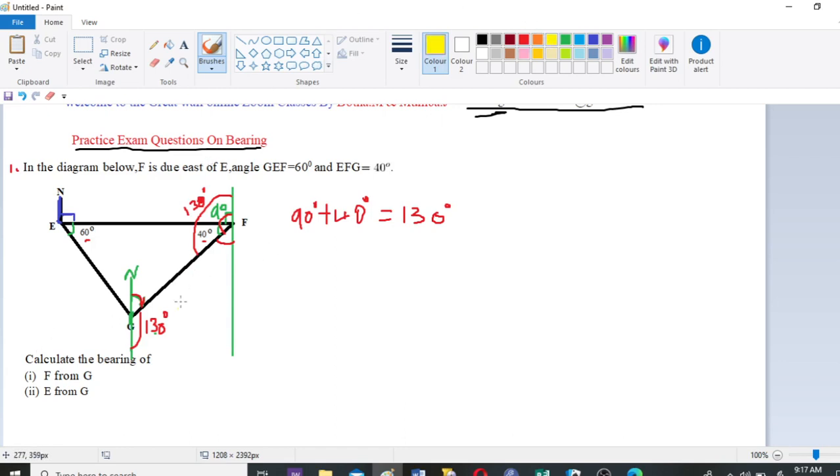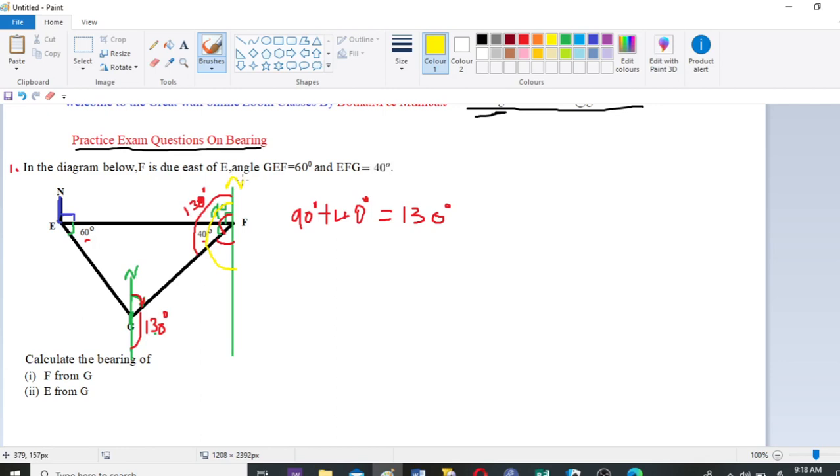So just here, we know that all of this angle up to here is 180, right? Now out of 180, we have been given 130. That is, if we add 90 and 40, we have 130. So out of 180, this whole straight line here, we are considering just this line here. Remember, this is our north line.